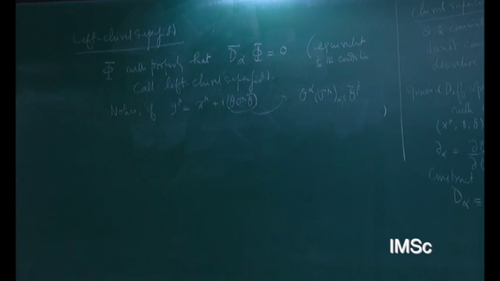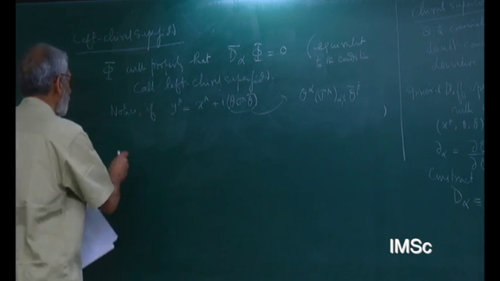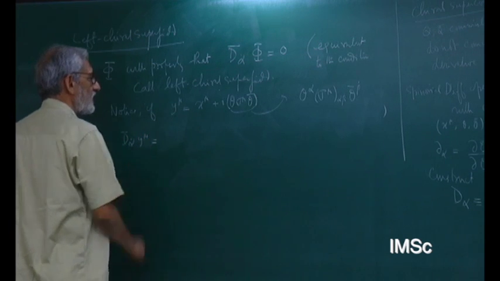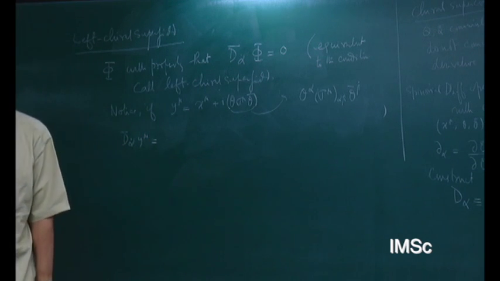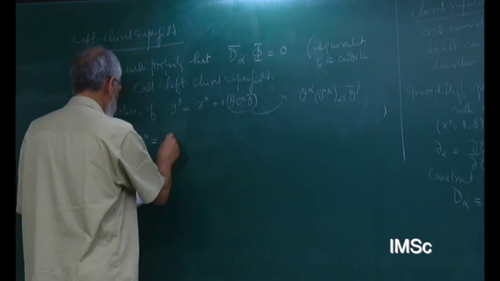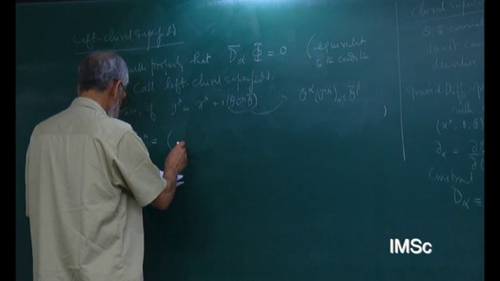So we introduce this complex coordinate. But this complex coordinate has the property that if I operate d bar alpha dot on y mu, it is 0. Let me check that. What is d bar?